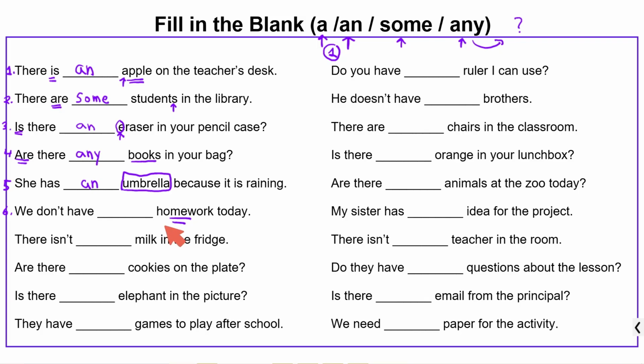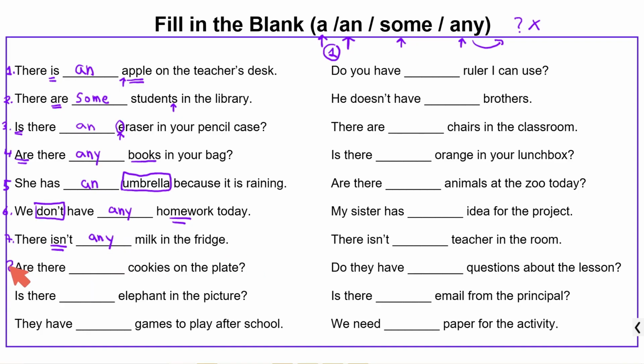So "we don't" is referring to a negative sentence, meaning no. So we don't have, and our best option here will be any because we use any for negative sentences. So the answer: we don't have any homework today. Let's look at number seven. There isn't blank space milk in the fridge. There isn't, it's a negative sentence. There isn't any milk in the fridge.